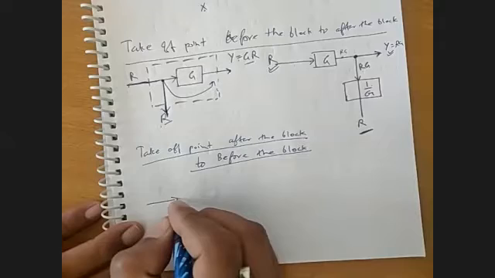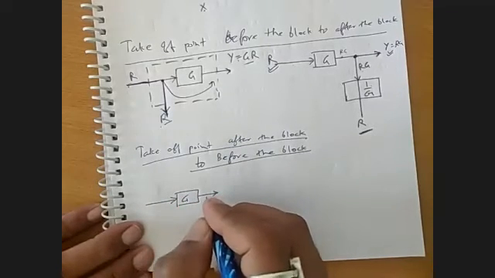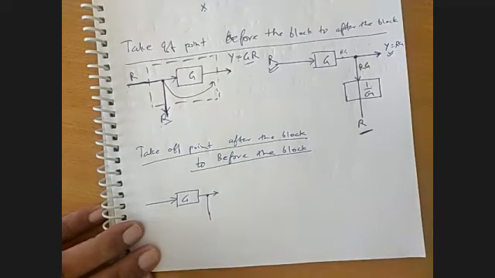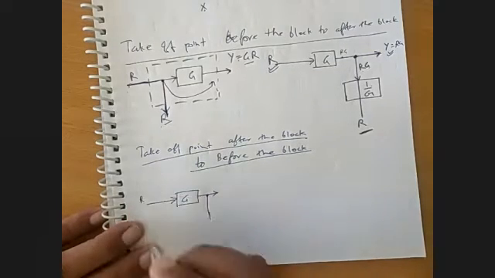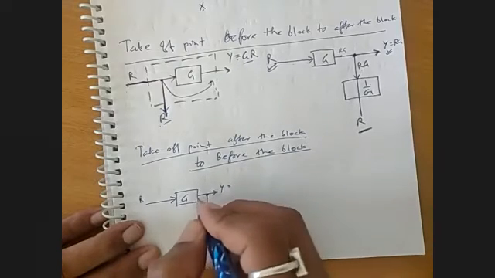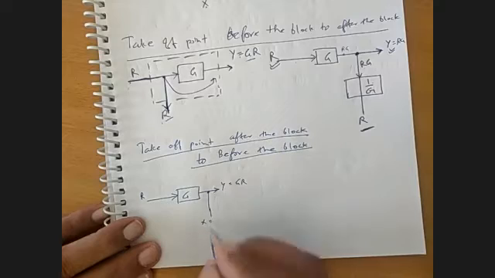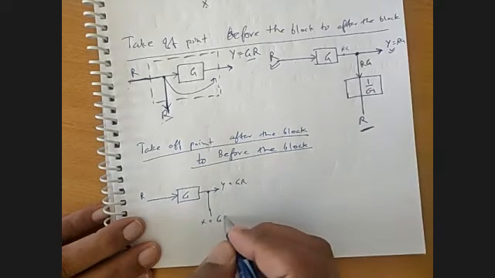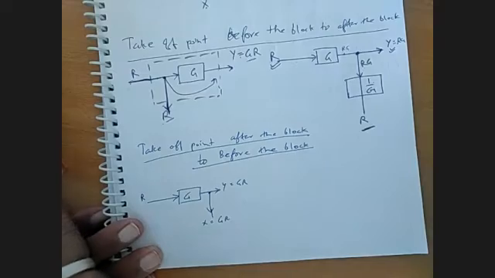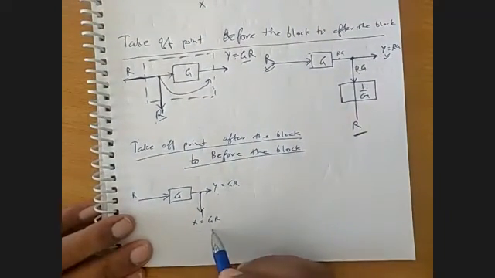That means we have a block G and we have a takeoff point here. So this is R, this is X, and this is Y. Y is G into R, and X will be becoming G into R. Because takeoff point, the signal strength will remain same. So Y is GR and X is GR.